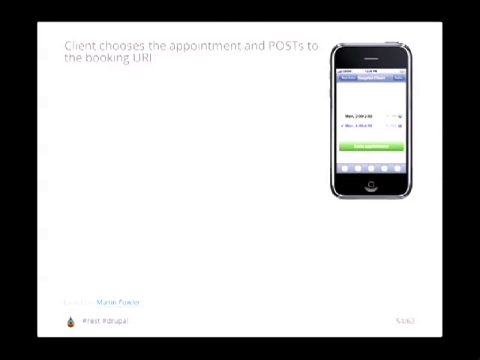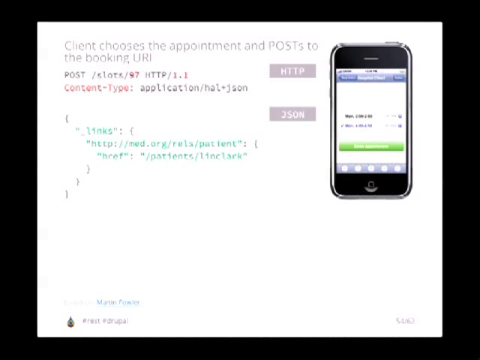And so then the client would choose the appointment that they want from the list and would post to that booking URI. They would post it with a link relation, specifying a link to their patient identifier, to their patient resource, the thing that represents them.